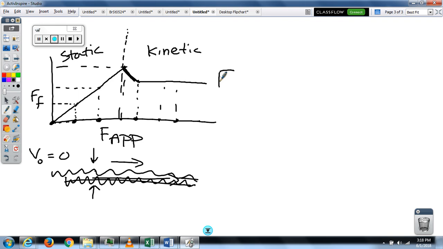The equation that describes friction is mu times the normal force. These are the two things that affect friction. Mu describes the type of surfaces, so these are all experimentally determined values that help us rate different types of surfaces. Fn is the amount of force that the surface pushes back on an object.